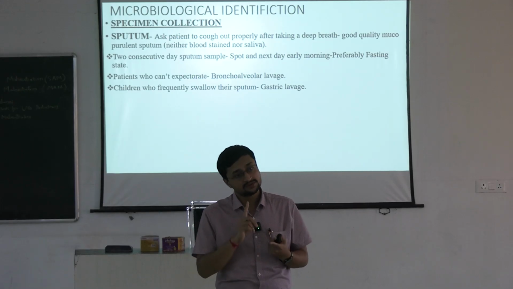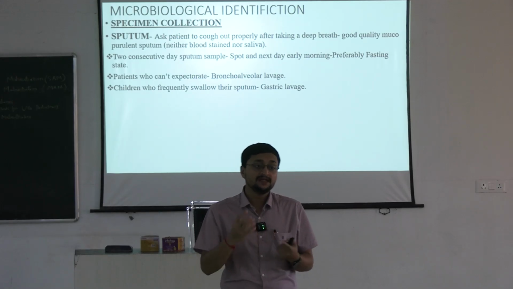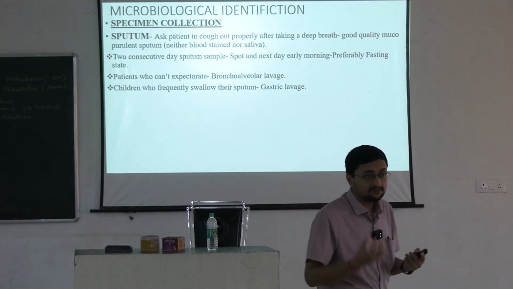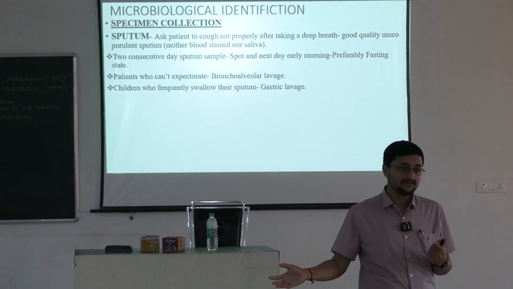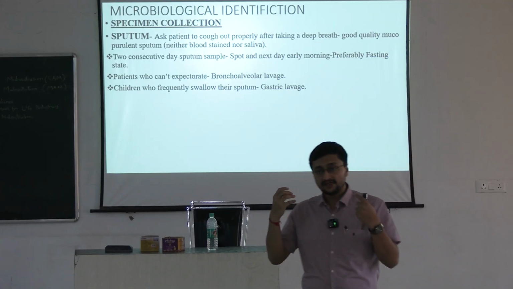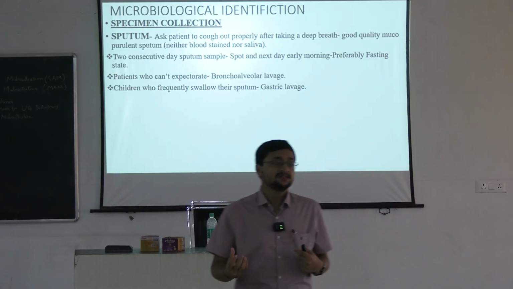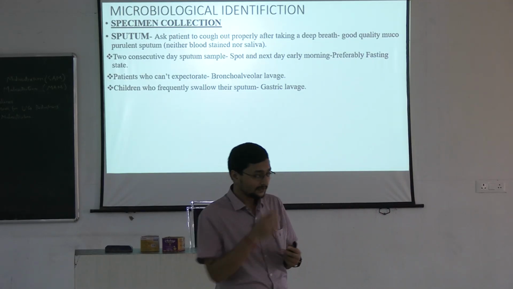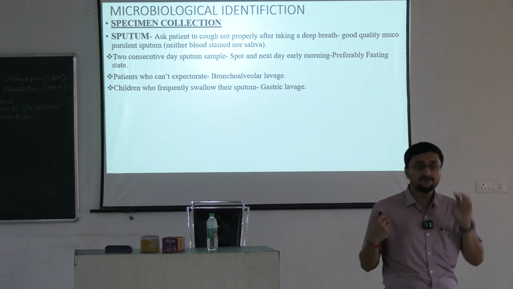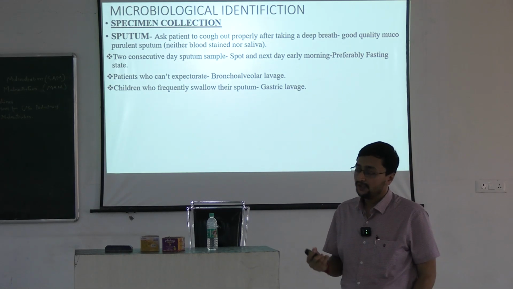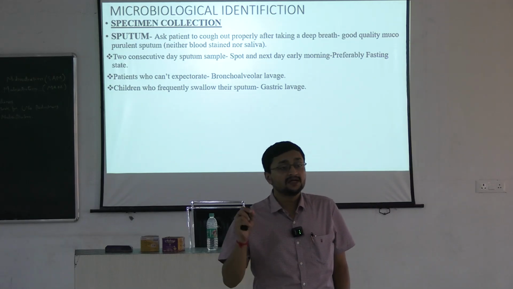The yield of AFB bacilli in bowel fluid is more than that of sputum, right? Because it's coming directly from the affected bronchus, right? And if you cannot do a lavage fluid estimation, then you should go for sputum induction.